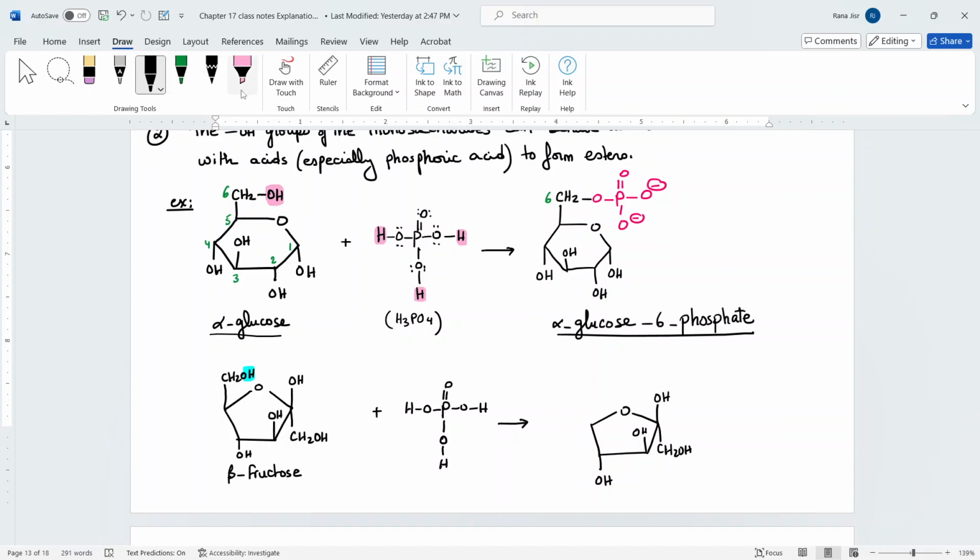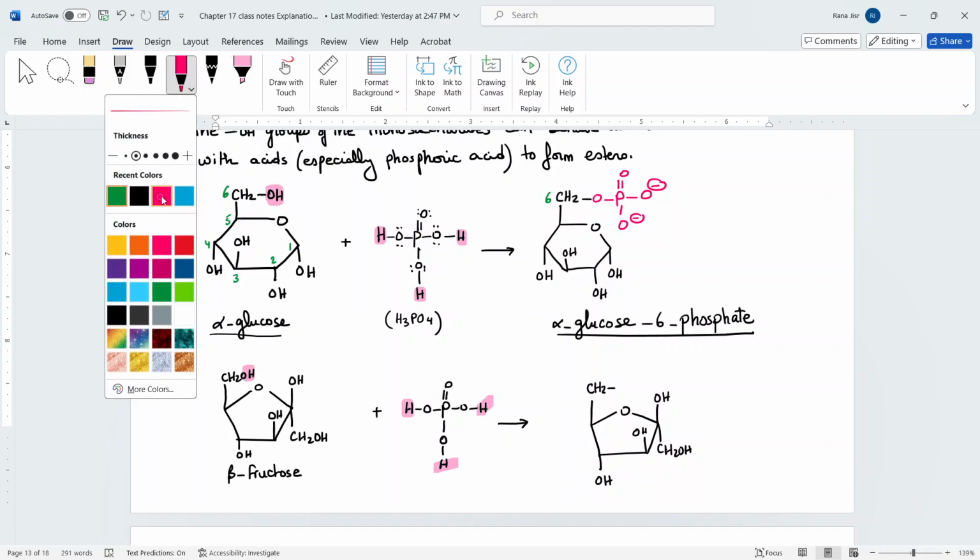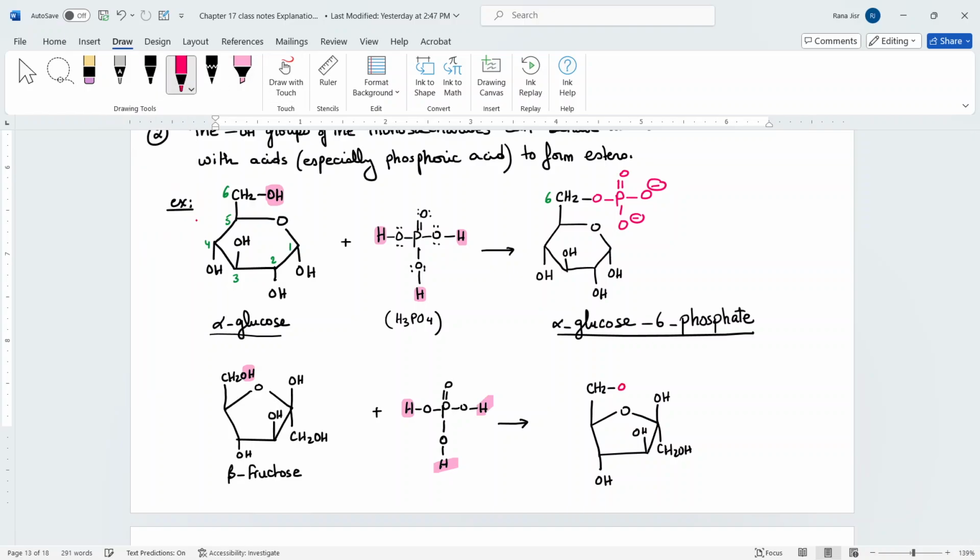We're going to do the same thing. So the OH of the fructose in this case is going to react with the hydrogen of the phosphoric acid, and also the phosphoric acid will lose all of its hydrogens in there. And your product is going to be the phosphate ester. So it's going to be the CH2, and then you have, let's draw it in this color, the oxygen, and then the phosphate.